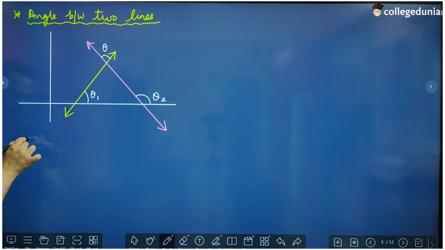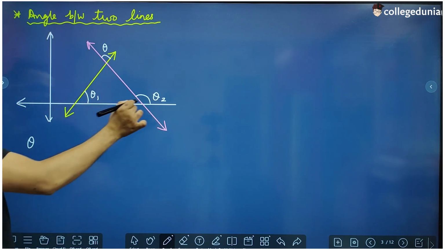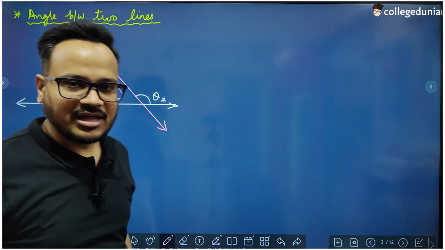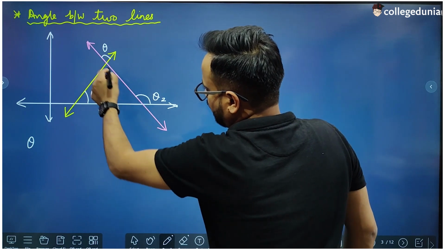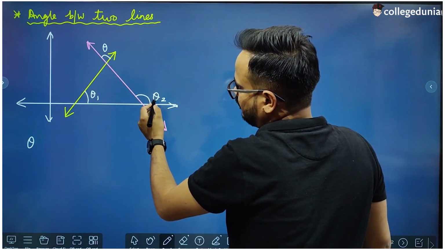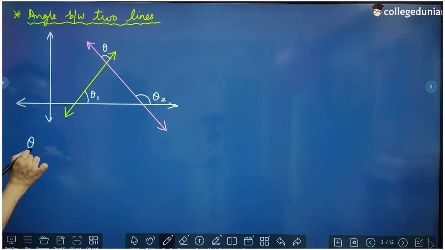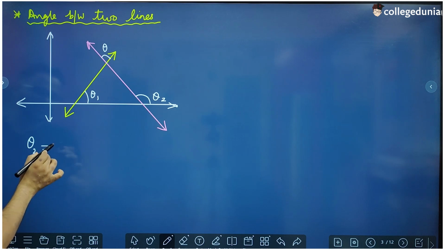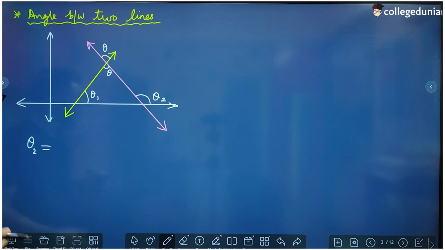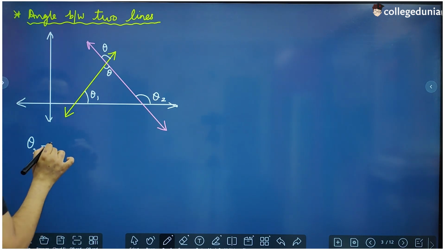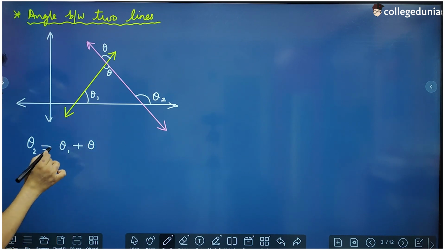So we know that the exterior angle of a triangle is equal to the sum of the two opposite interior angles. Now in this triangle, this is the exterior angle, so this will be the sum of this and this. So if this angle is theta, then obviously this angle is also theta because these are vertically opposite angles. So we can say that theta 2 is theta 1 plus theta.